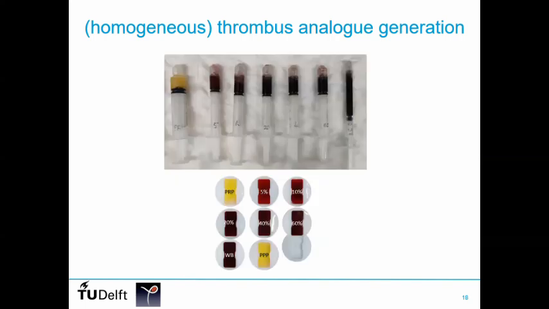If we want to do mechanical testing, then we basically have two options that everybody starts with. First is compression testing, where you need a cylindrical specimen, or you want to do tensile testing, and then you need a dog bone-shaped specimen. The cylindrical specimens are generated by letting the blood coagulate inside a syringe. For the tensile test specimens, we designed a few molds.